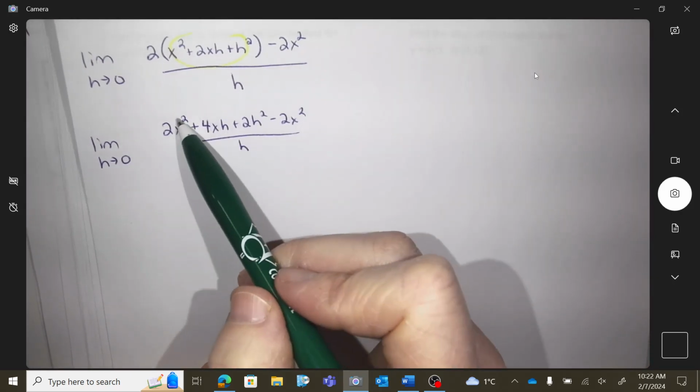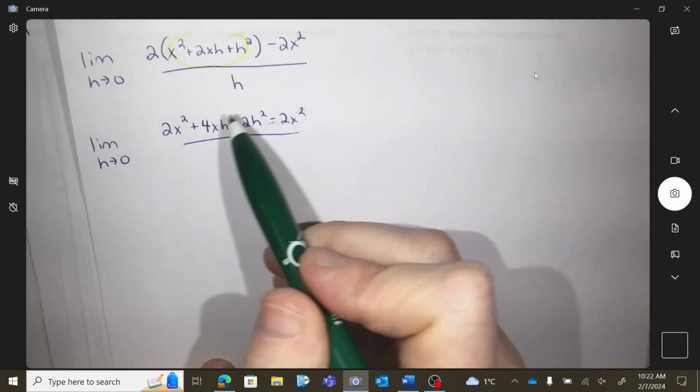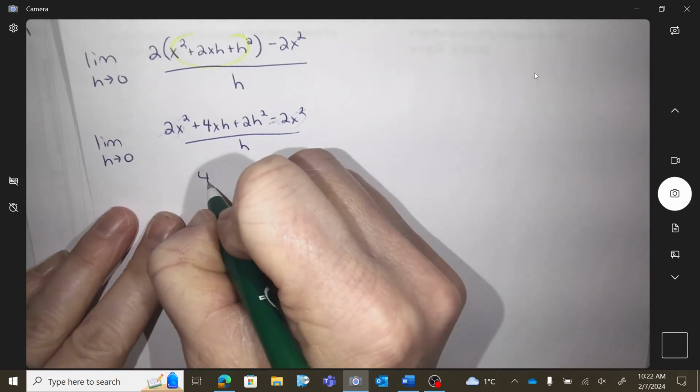Your next should be your 2x squared minus 2x squared, right? That should go.